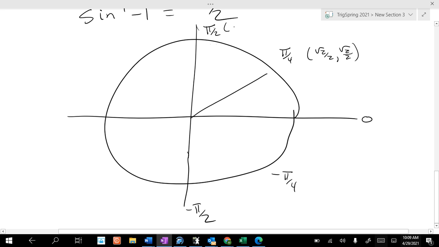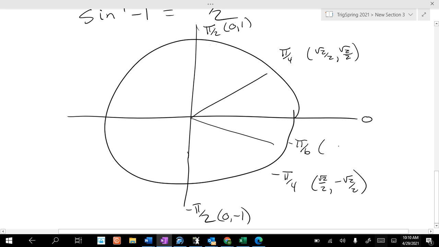This point is at 0, 1. This point is at square root 2 over 2, negative square root 2 over 2. This point is at 0, -1. You get all those points, right? What happened down here is instead of calling this 11 pi over 6, we're now calling it -pi over 6. That's the only change.